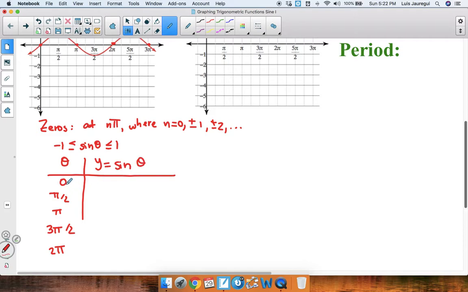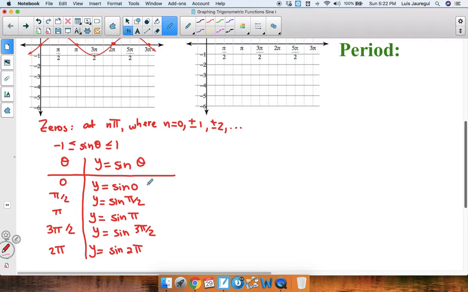So for theta being 0, we have that y is equal to sine of 0. For theta equal to pi over 2, y is equal to sine of pi over 2. Then for theta equal to pi, we have y is equal to sine of pi. And then we can extend this table and say we have y is equal to sine of 3 pi over 2, and y is equal to sine of 2 pi.